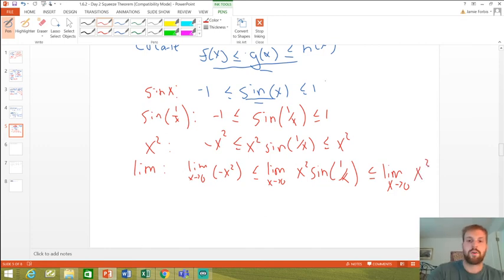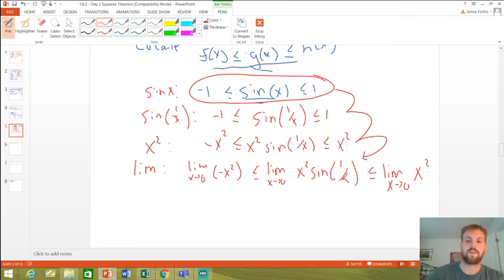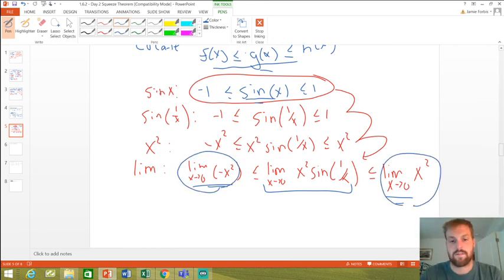Now, based purely on what we knew at the very beginning and us building up to what we started with, we now know that this inequality is true. This is what we started with, and it is between this inequality and this inequality. The whole point I did that is I can take the limit of this and I can take the limit of this.